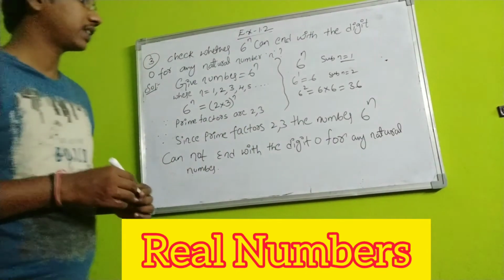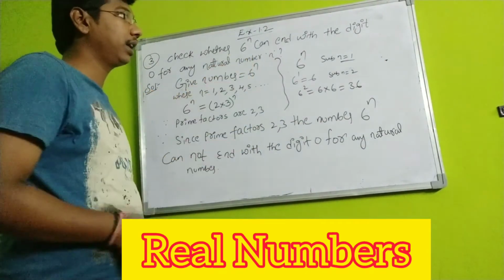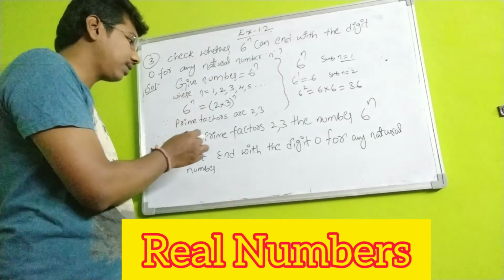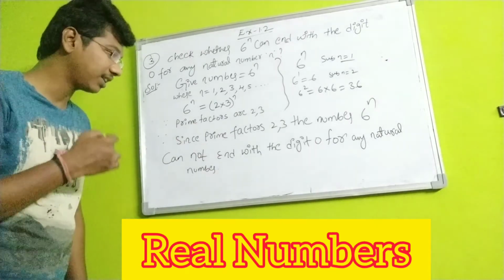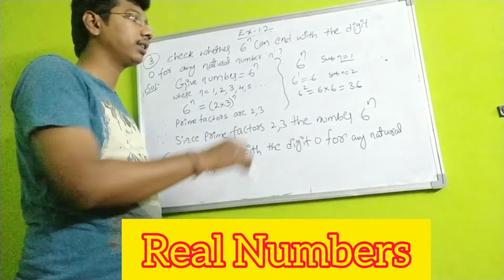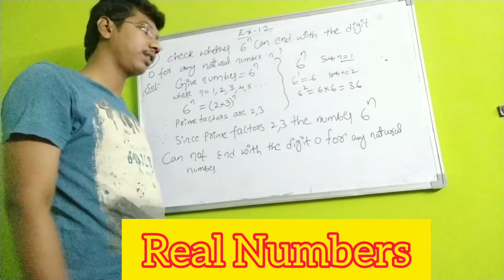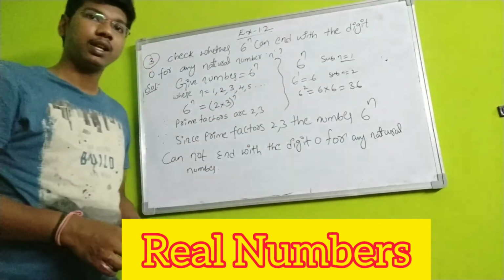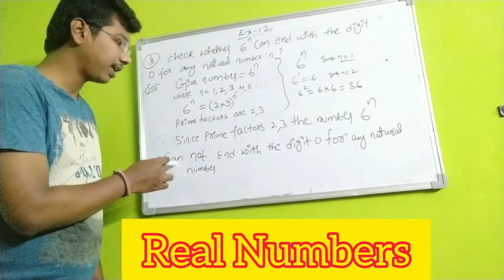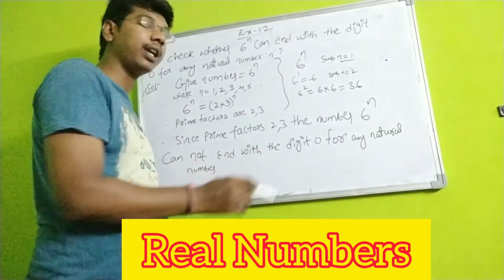Because the question asks whether 6 power n can end with the digit 0. Yes, since the prime factors are 2, 3, the number 6 power n cannot end with the digit 0. Why? Because 6 power 1 gives 6, and 6 power 2 gives 36. Therefore 6 power n cannot end with the digit 0 for any natural number.